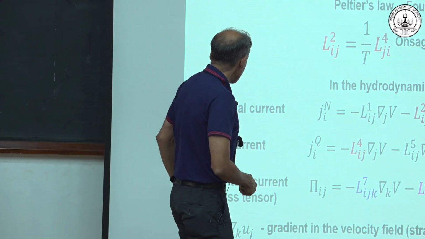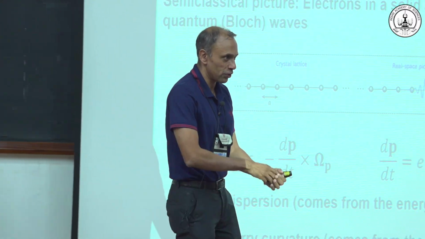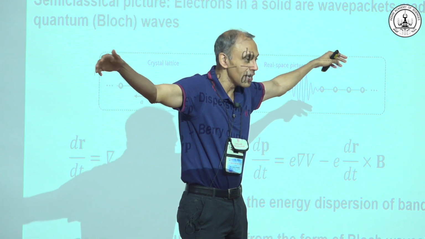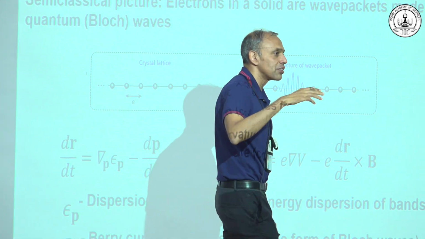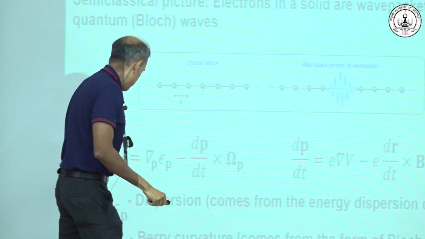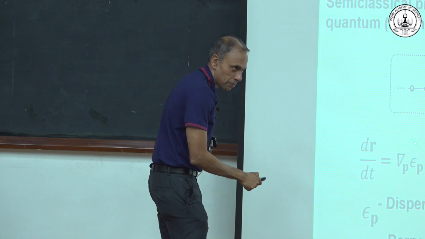I didn't tell you very much about where this dispersion is coming from. The electrons are moving in a periodic potential, and that motion has to be considered as a completely quantum problem. And so the quantum mechanics of that problem is what is even giving you this epsilon p in the first place.